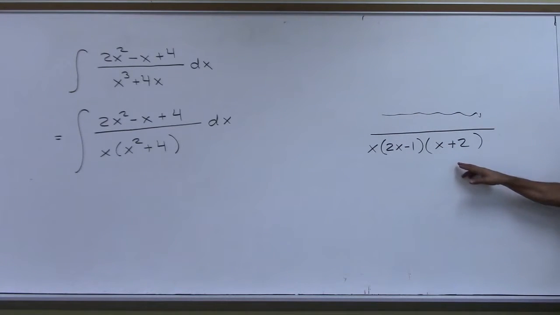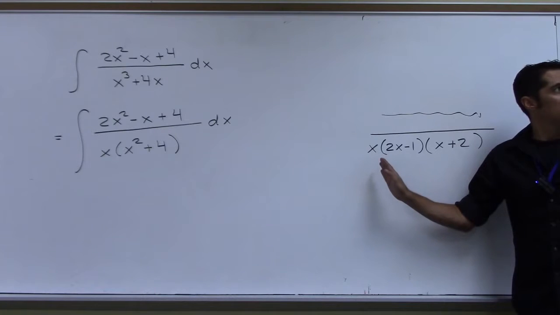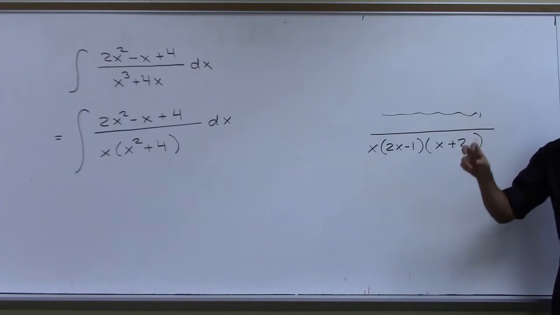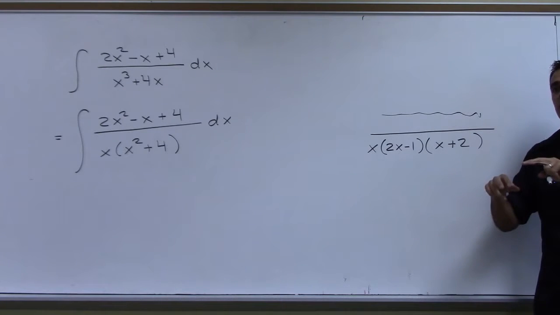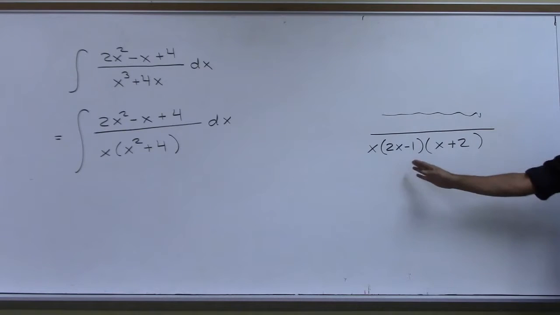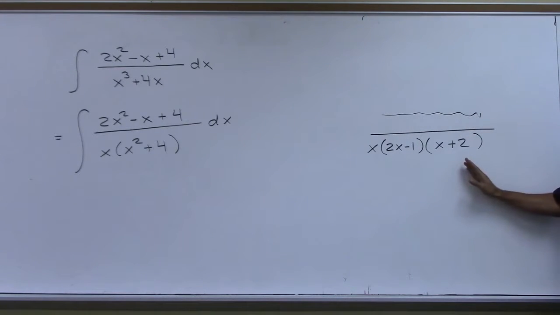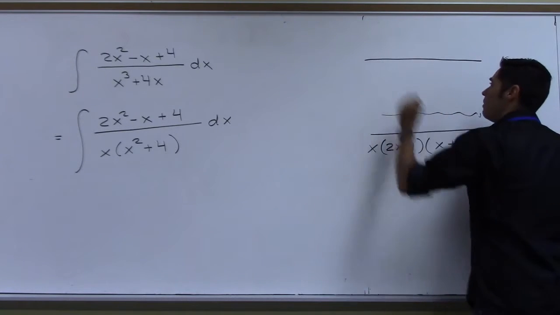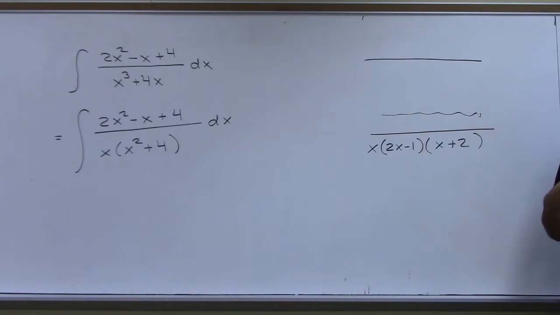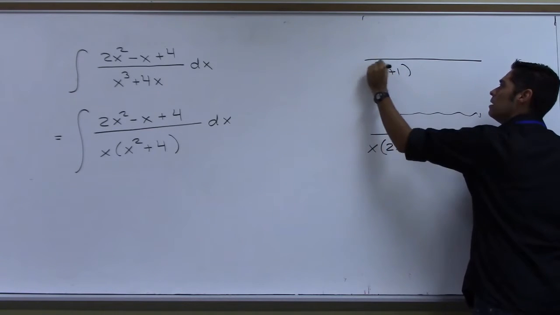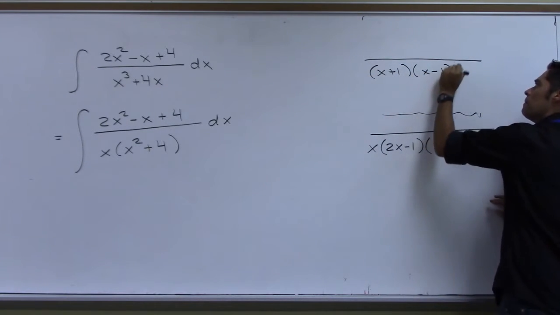That was part B. And so we said for part B that this was 3 distinct linear factors. That forced us to do A over x, B over 2x minus 1, and then C over this. In part C, once we cleaned up our denominator, it factored to x plus 1 times x minus 1 squared.